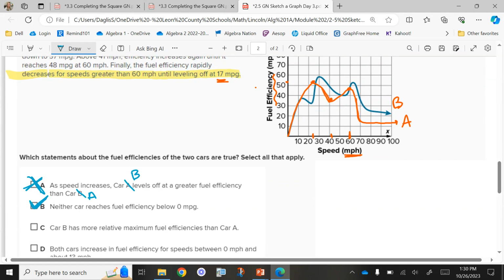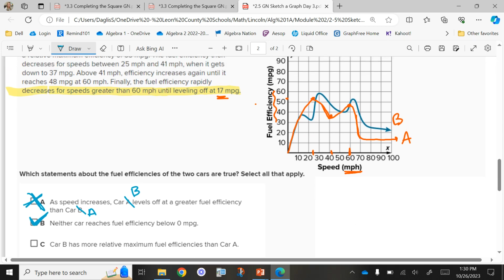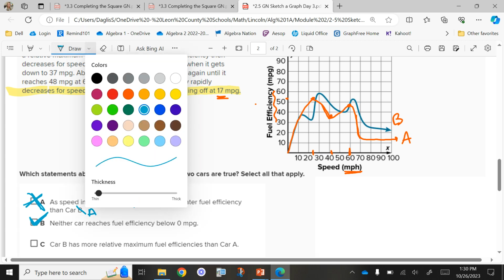Okay. Car B has more relative maximum fuel efficiencies than car A. Let's see. Car B has more relative maximums. Okay, so it's saying that B has more peaks than A does. So let's figure that out.